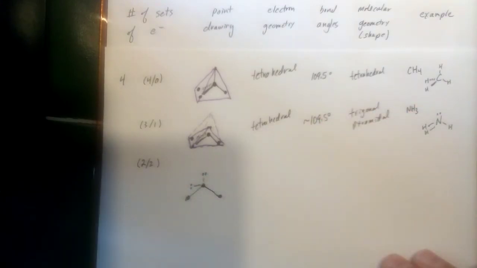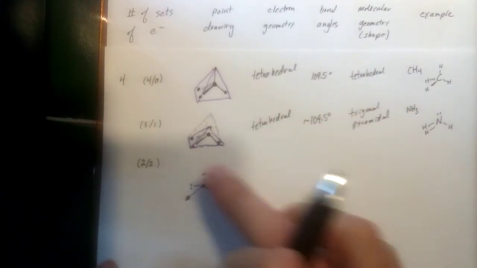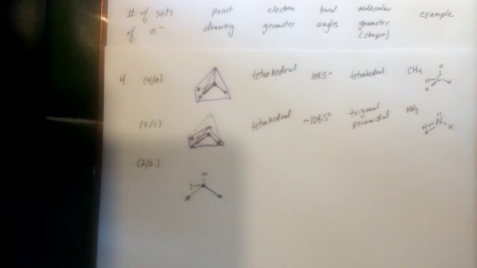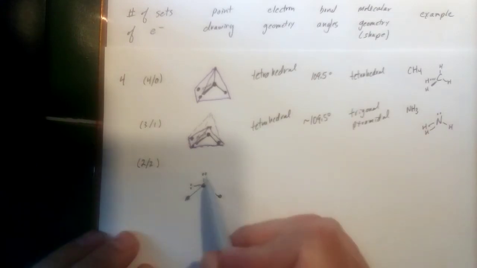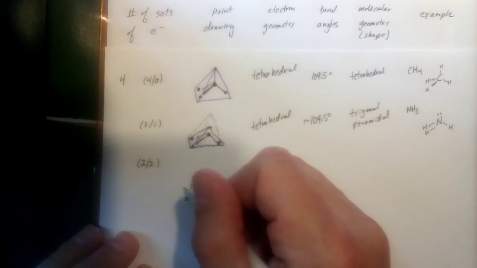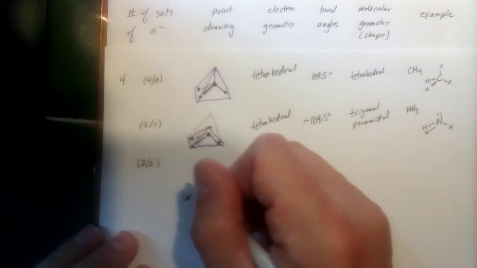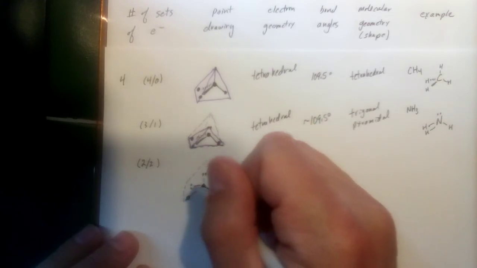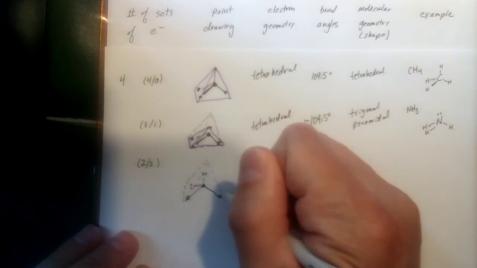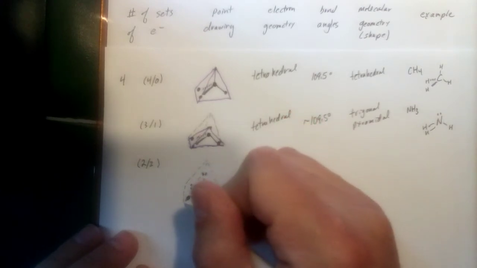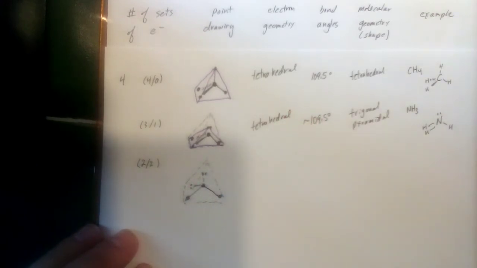That is not how you would usually draw these. I'm doing that to be illustrative of the shape that is going on here in the picture. So usually, right, we just put those lone pairs next to the atom, but I'm trying to show how they're occupying the other positions in the tetrahedral shape. Again, with the kind of dashed figure of where the tetrahedral is based on the electron geometry here, right?